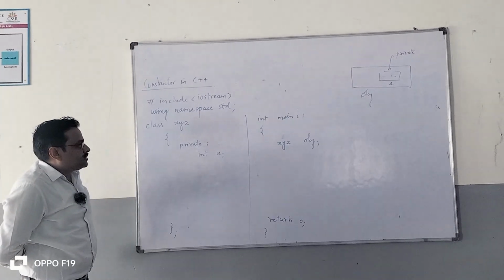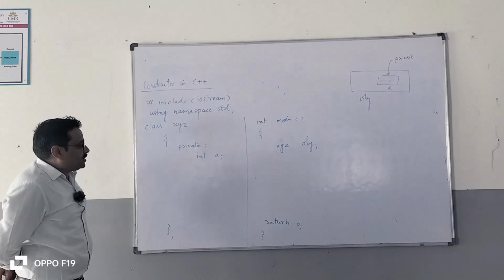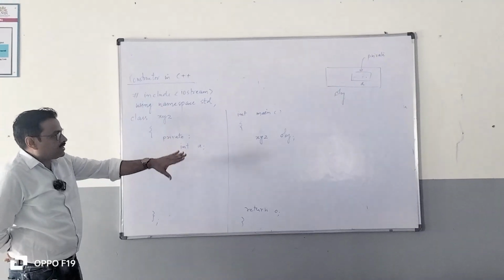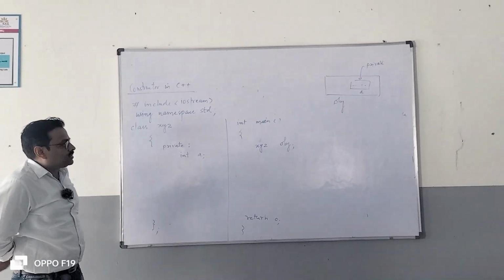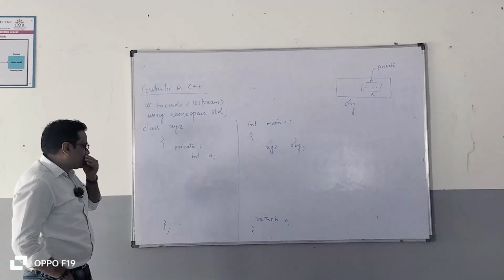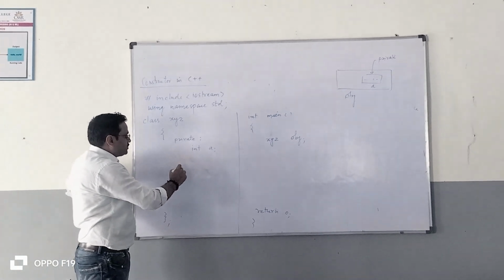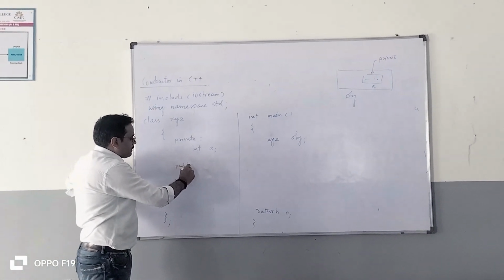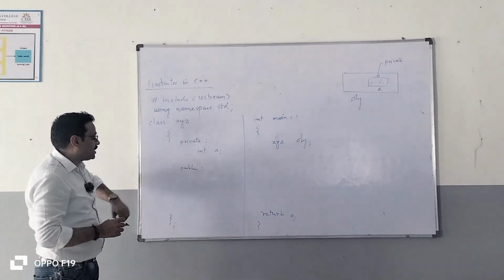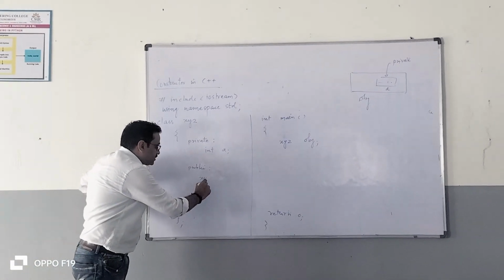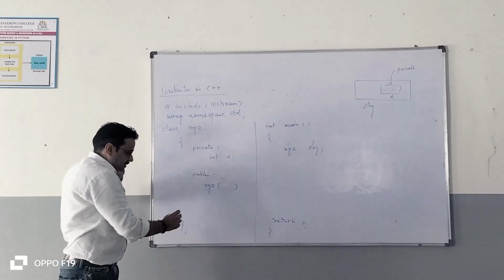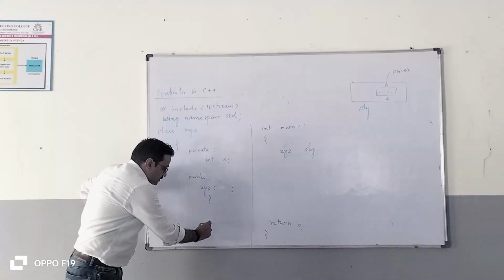Another approach is, let me have a constructor in the public segment, and as and when I want to create the object, at that time only I will give some value to that object, and that object will be initialized then and there. So for that, let me create a constructor inside the public section. The name of the constructor will be same as the class name. So it will be xyz, opening bracket, closing bracket, and body of the constructor.